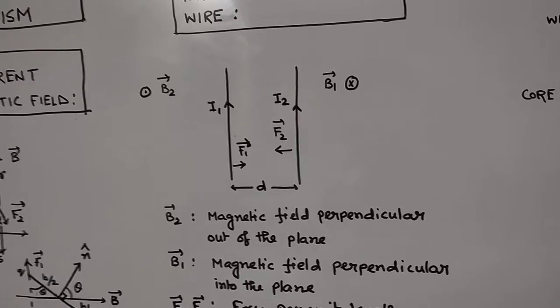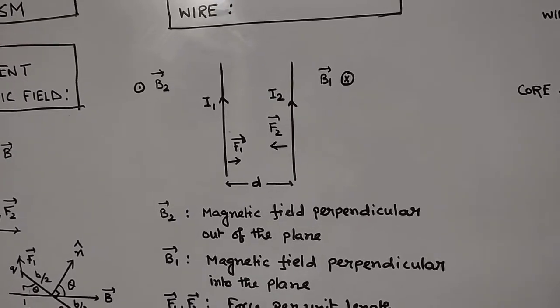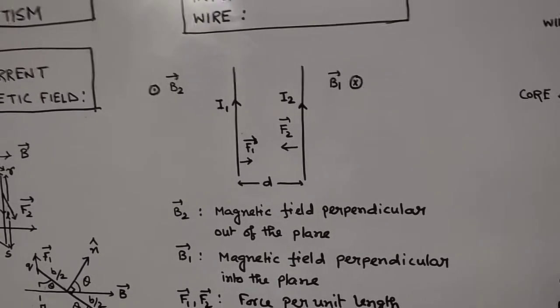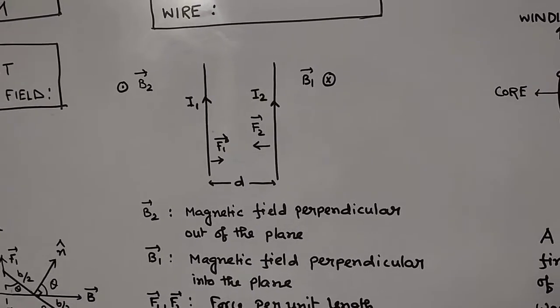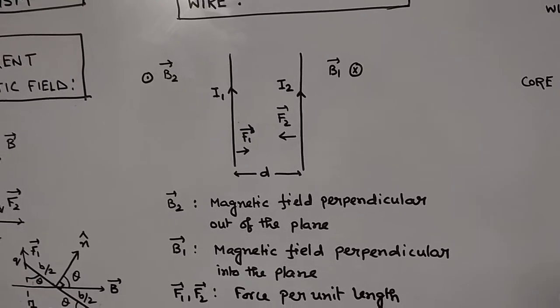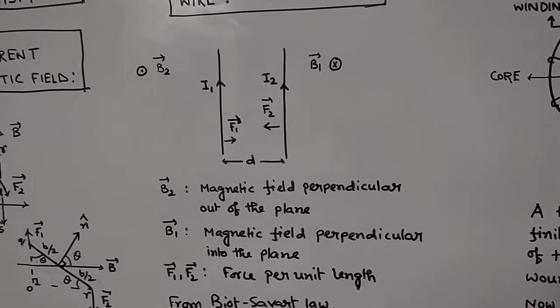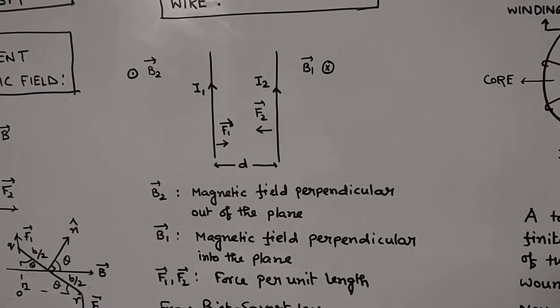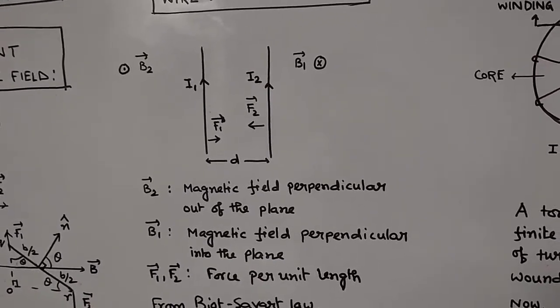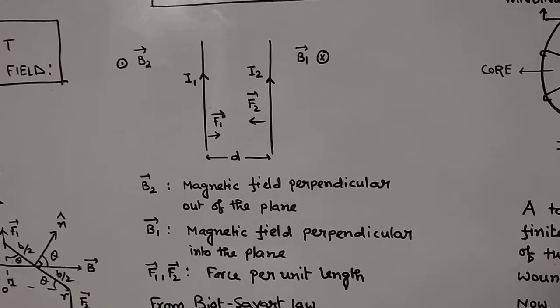B2 vector, what we have written here, is the magnetic field perpendicular out of the plane. This symbol, a circle with a dot, is out of the plane, and a circle with a cross is perpendicular into the plane. If you apply Fleming's left hand rule, you will see that F1 and F2 are in opposite directions within the interior region of the wires carrying current I1 and I2.